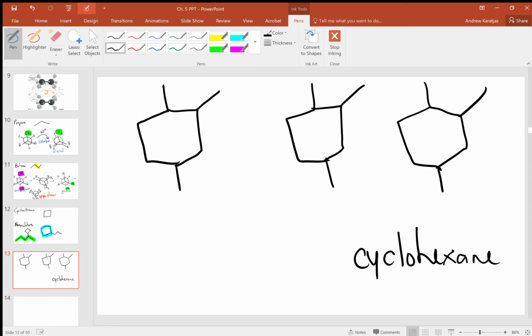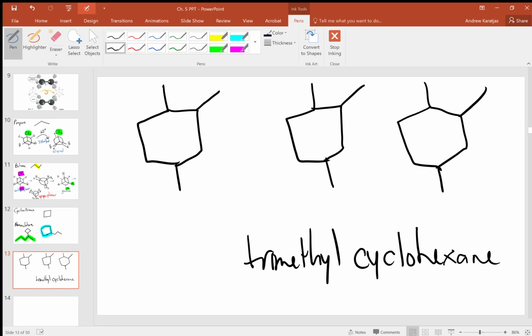The parent names are all the same, except because they're in a ring, you put cyclo out in front. Then we can put in the substituents. You'll notice we have 3 of them. So this is trimethyl cyclohexane. So far that's all pretty straightforward and pretty consistent with what we've learned before.